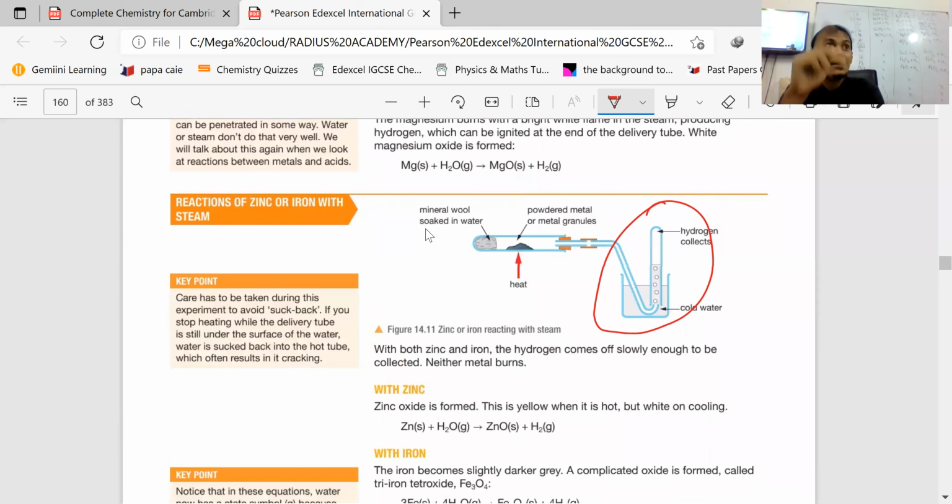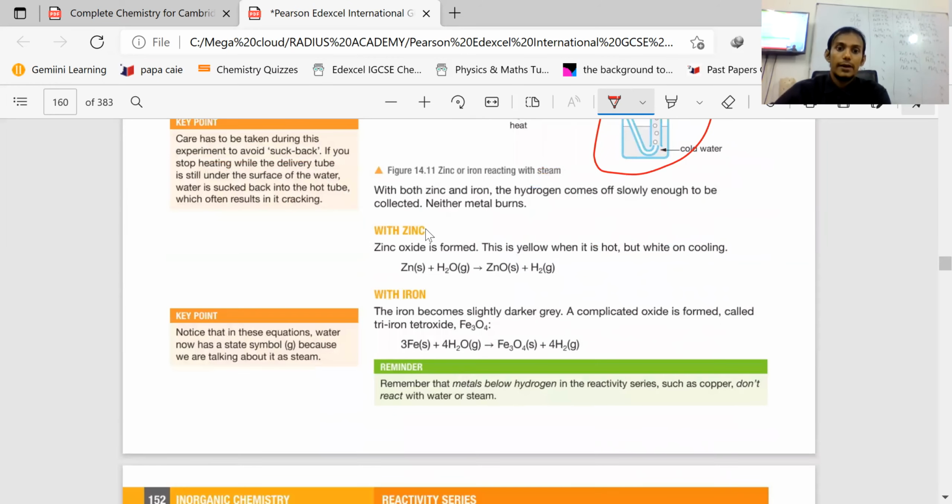So in that way, you can categorize the reactivity of different metals. But as I said, the reaction is one: metal plus steam gives metal oxide and hydrogen gas. That's it. So again, zinc and water give zinc oxide and hydrogen gas, iron and water give iron oxide and hydrogen gas. You see, they wrote Fe3O4. This is basically a complicated structure. It's basically FeO and Fe2O3 together.